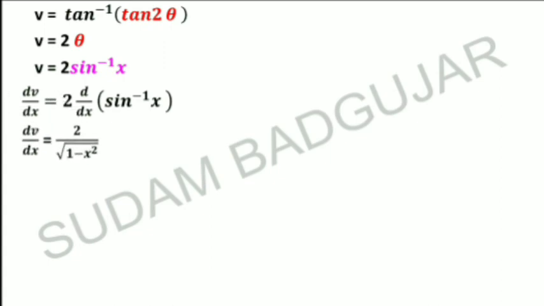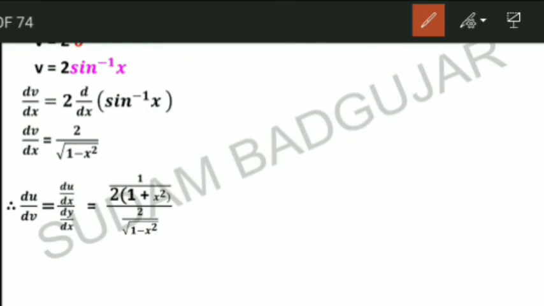So you have to apply the formula here. We have du by dv is equal to du by dx upon dv by dx. What is du by dx? 1 upon 2 into bracket 1 plus x square, and dv by dx is equal to this one.